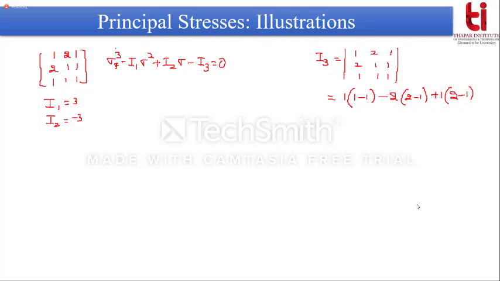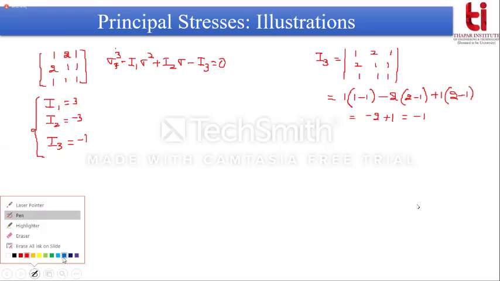So that means 0, 2 minus 1 is 1, so minus 2, and plus 1. So that makes it minus 1. So I3 is equal to minus 1.